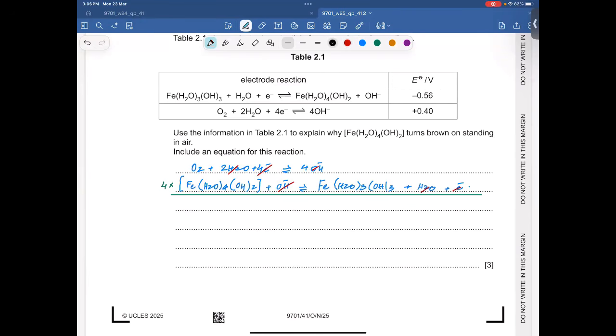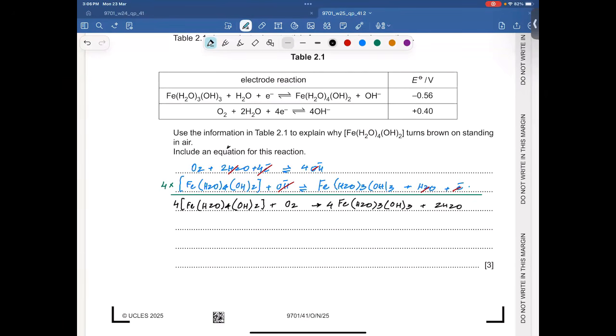So the final equation is going to be like this: 4 Fe(H2O)4(OH)2 plus O2 arrow 4 Fe(H2O)3(OH)3 plus 2 moles of water left. Okay, that's the final equation.